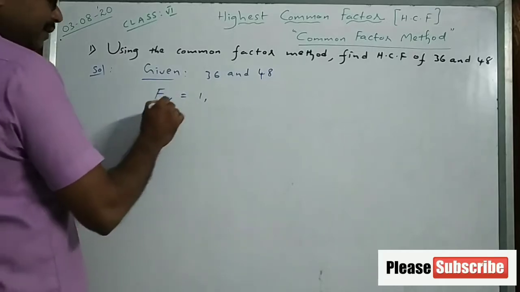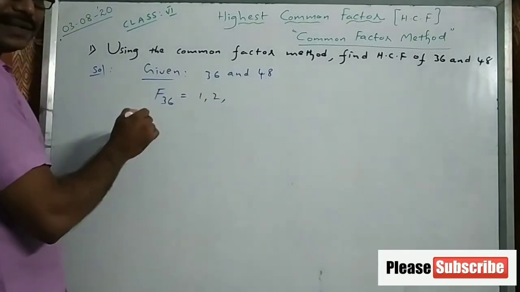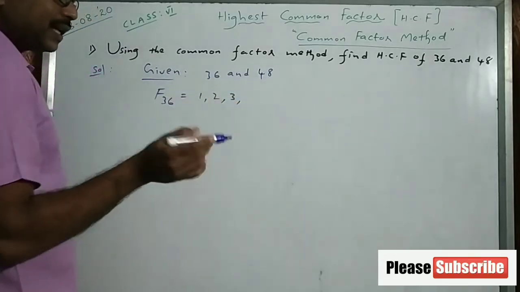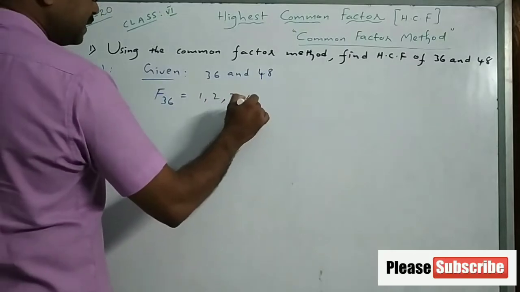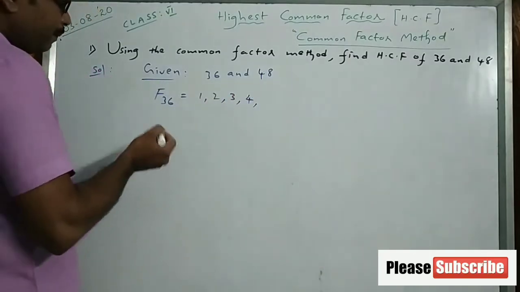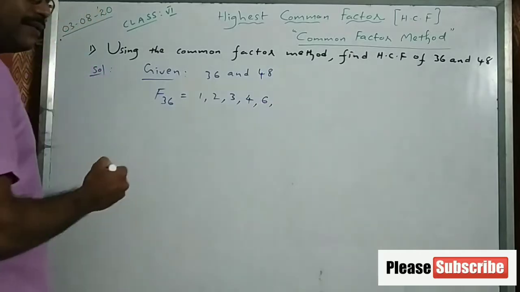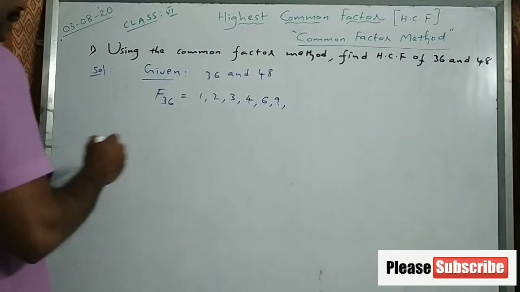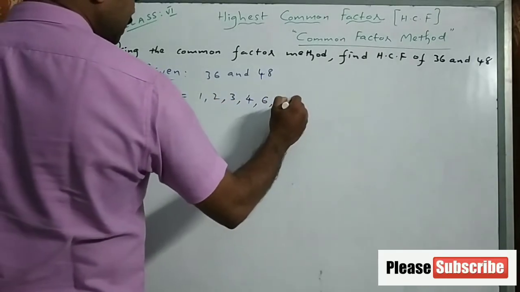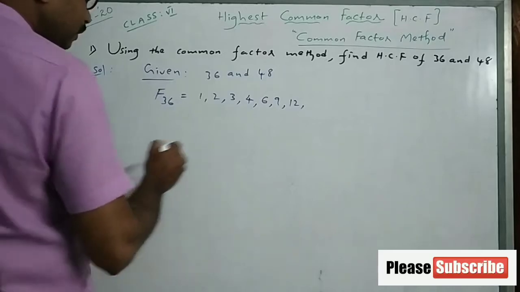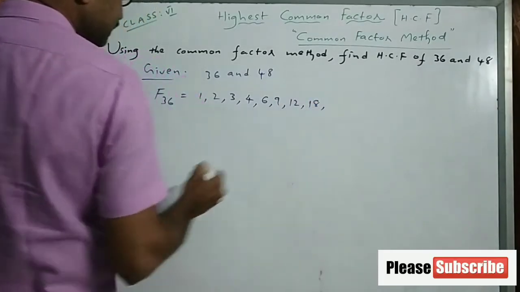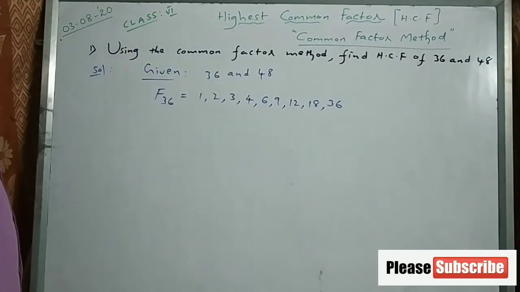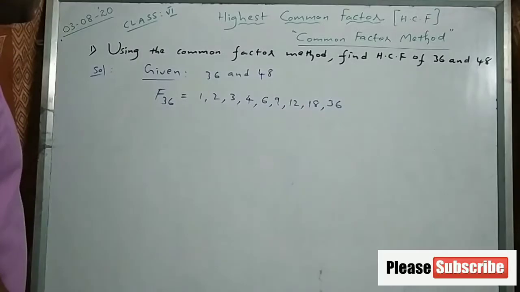So 1 is a factor, 2 will go, 2 18s are 36, tables I am writing, right? 3 also will go, 3 12s are 36, 4 9s are 36, 5 cannot go, 6 6s are 36, 7, 8 cannot go, 9 4s are 36, right? 10 cannot go, 12 3s are 36, 18 2s are 36, 36 ones are 36, right? So factors of 36 are these.